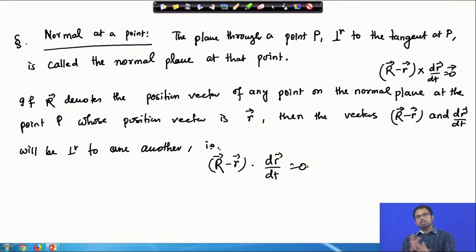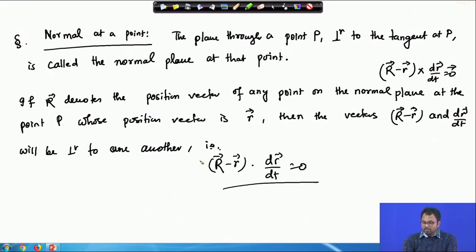So, dr/dt is basically the tangent vector, and if we choose R as any point on the normal plane at a point P, then R − r will be perpendicular to dr/dt, and therefore the equation (R − r) · dr/dt = 0 is the equation of the normal plane, because dr/dt and R − r are perpendicular to one another, and that is what a normal plane means: a plane perpendicular to the tangent vector at a point P to that curve.